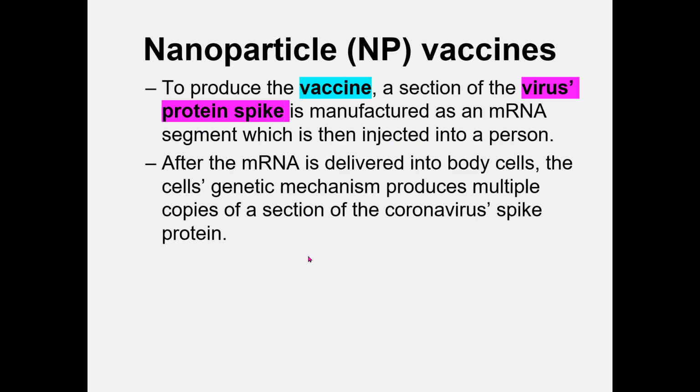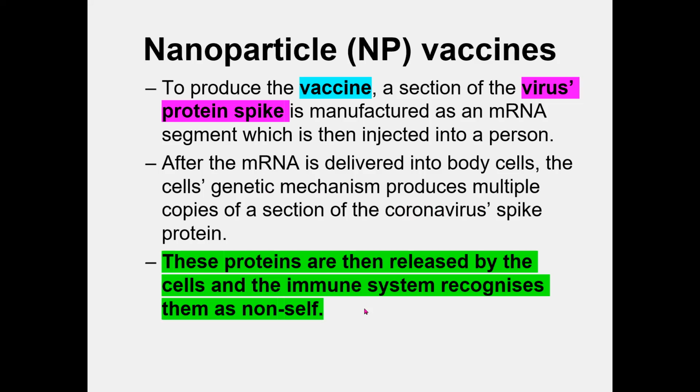The little liposome or micelle goes into the cell. The mRNA comes out because the cell itself takes the micelle apart, and then the mRNA goes into the mechanism that produces proteins and produces multiple copies of a section of the coronavirus spike protein. And these spike proteins are released by the cell.